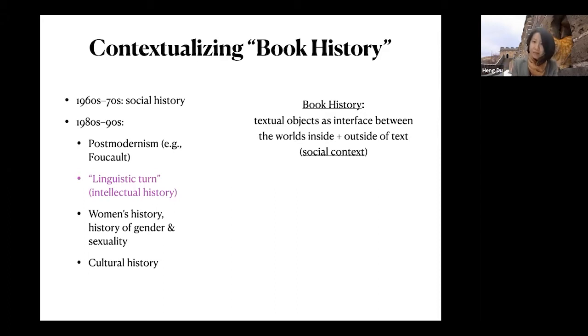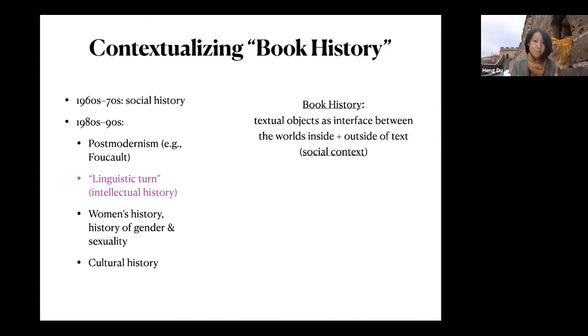For book historians today, it is very much about thinking about textual objects, and that could be a manuscript, a physical book, but it could also be some kind of digital file. So thinking about this textual object as an interface between the world inside and outside of text, right?